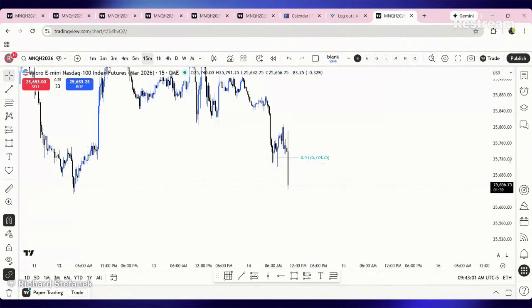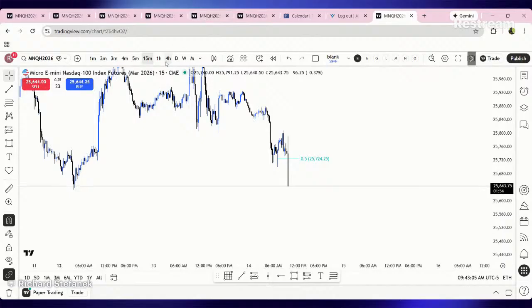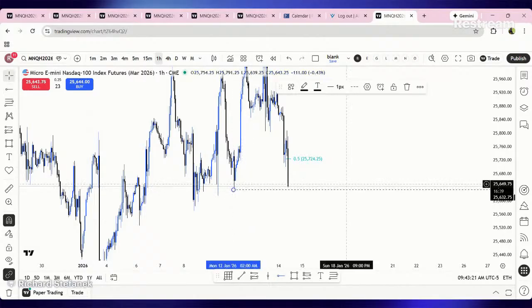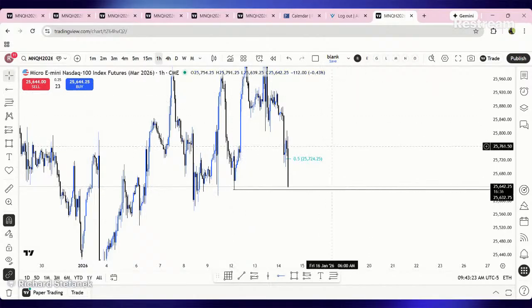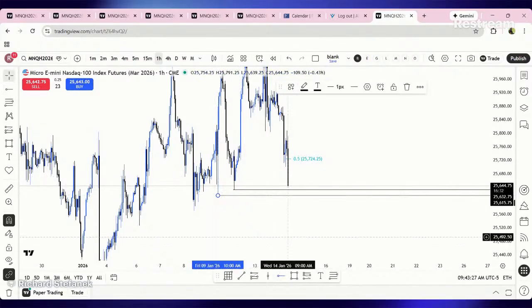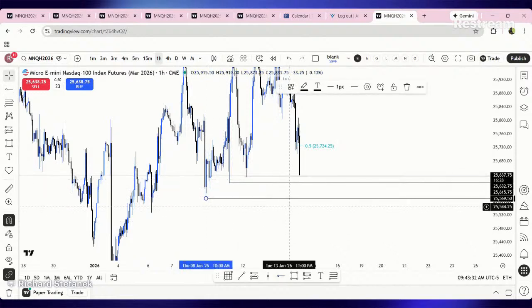Okay. So, yeah, that sets the stage for me to see lower prices. It's probably going to seek these lows right here. So, let's see what we are going to get. So, it's about to take this low. Next stop could be there, and then ultimately down to there.